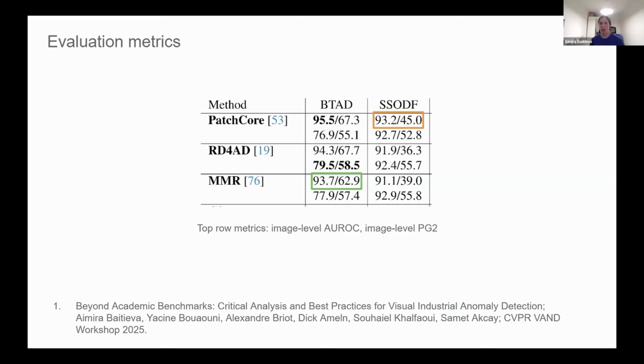In the green rectangle, we can see how MMR can pre-sort 63% of good parts with a ROC of almost 94, and a very close ROC in the orange rectangle shows just 45% of pre-sorted parts. So we strongly suggest using not only the default metric.